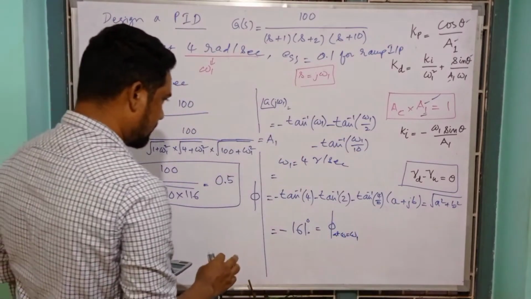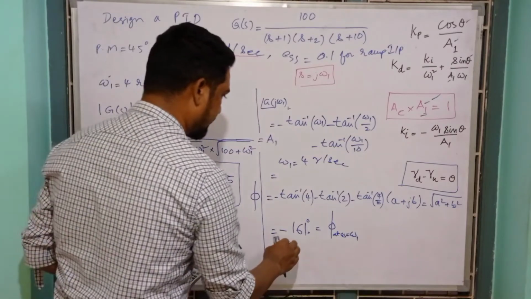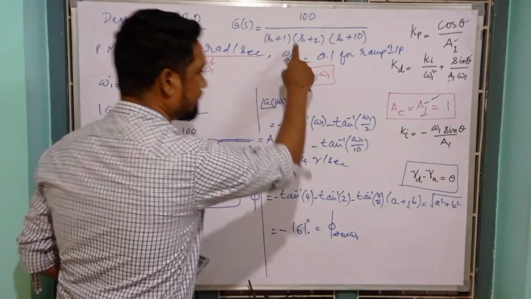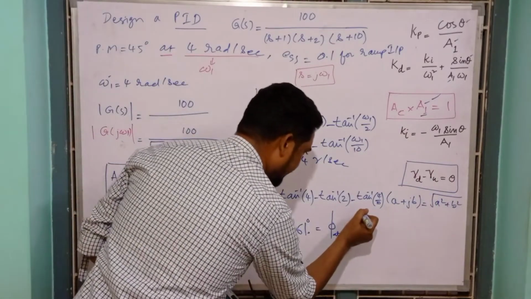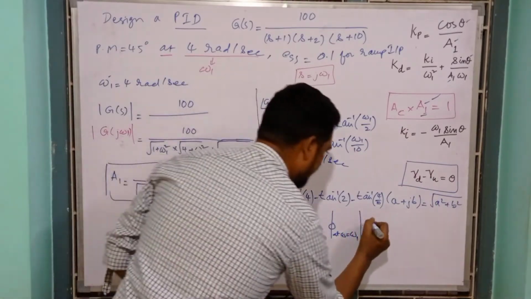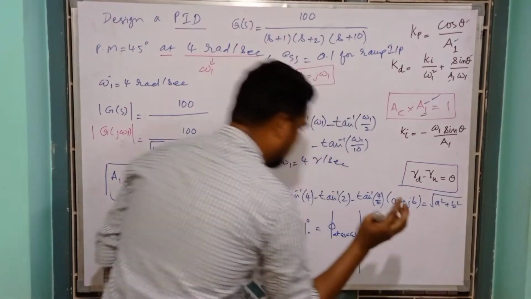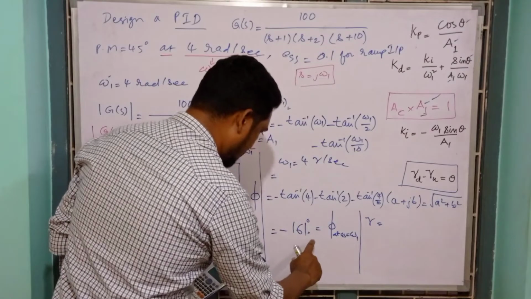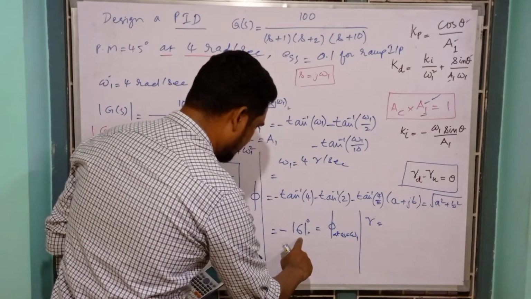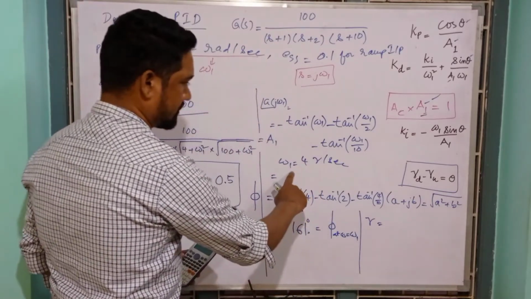And now from here the phase margin could be calculated for the uncompensated system. Phase margin is defined as 180 plus the resultant phase at the desired frequency, isn't it?